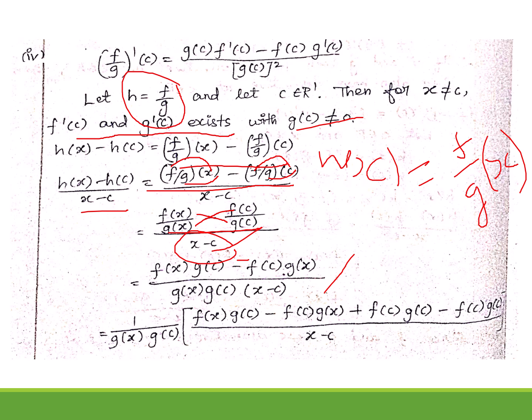Next we simplify: 1 divided by g(x) g(c) into [f(x) g(c) minus f(c) g(x) plus f(c) g(c) minus f(c) g(c), added and subtracted] divided by x minus c.